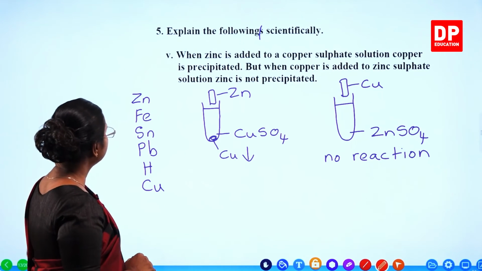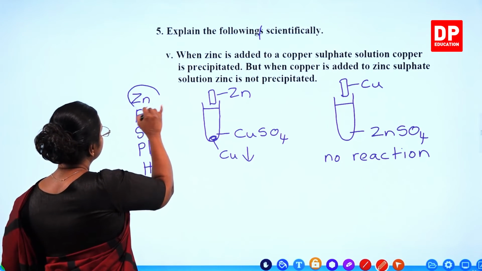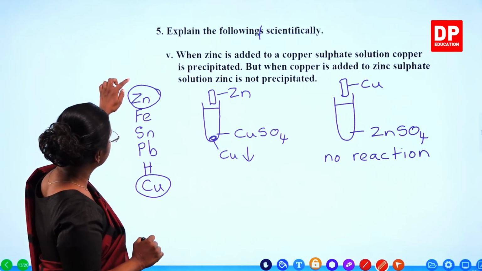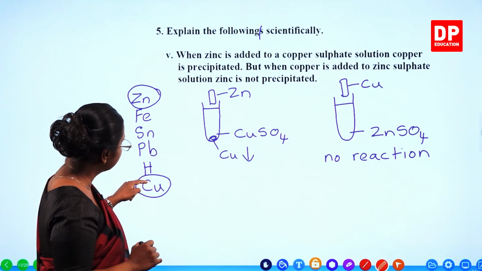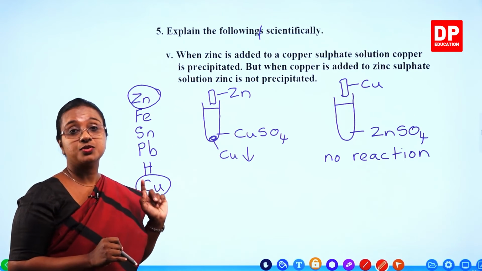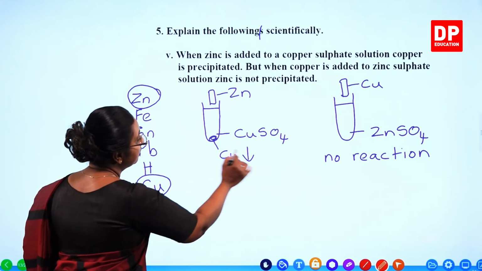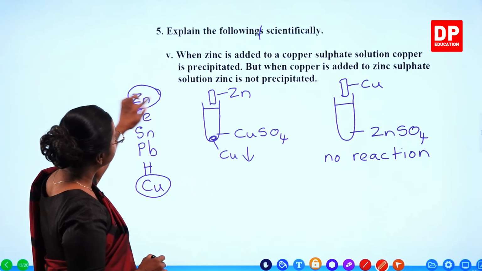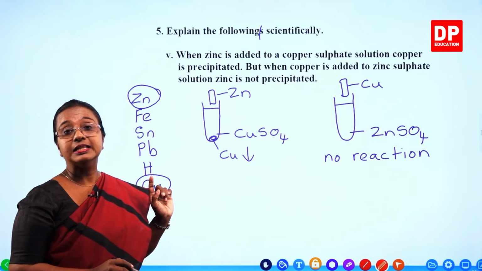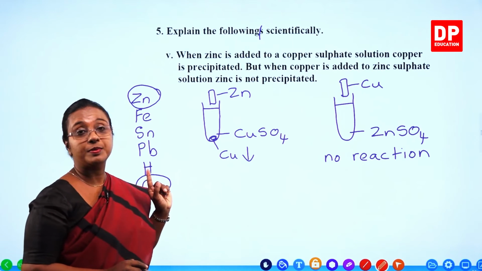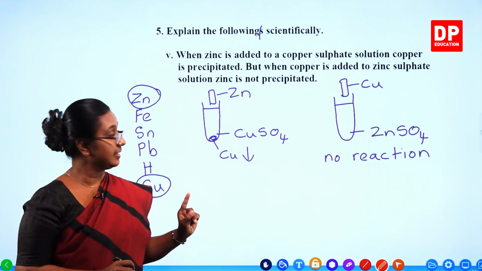So, according to this order, zinc is above, copper is below. Only the metal that is above another metal can displace the second metal from its salt solution. So, here copper sulfate is the salt solution of copper, and zinc is above copper in the activity series. So, zinc can displace copper from its salt solution.